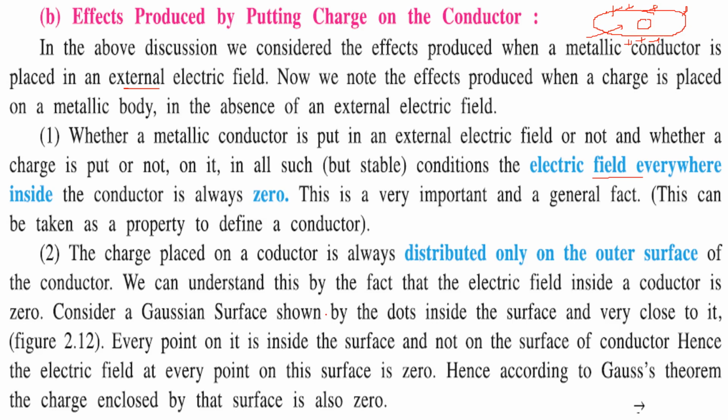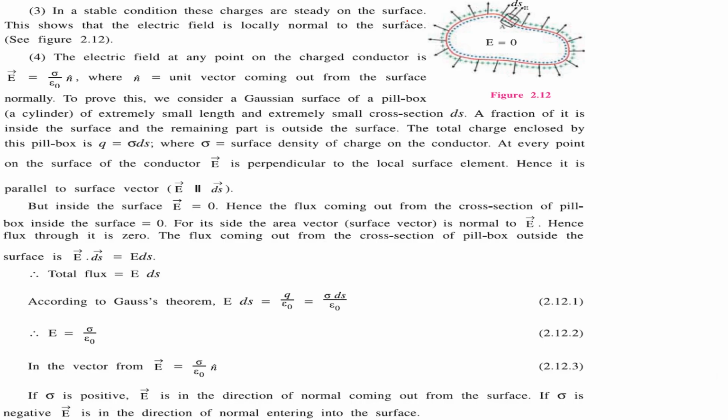Every point on it is inside the conductor, and it is not on the surface because the charge is on the surface. So the electric field at every point on this surface is going to be zero. According to Gauss's theorem, the charge enclosed by that surface will also be zero.